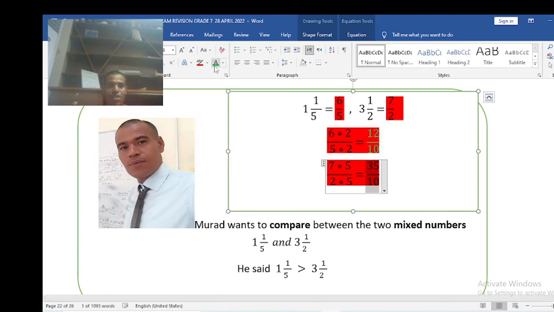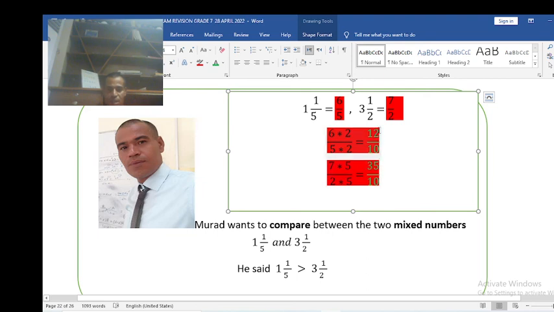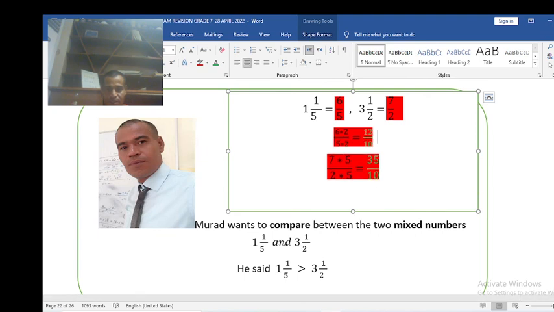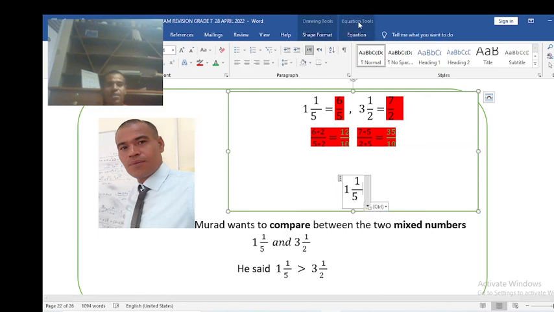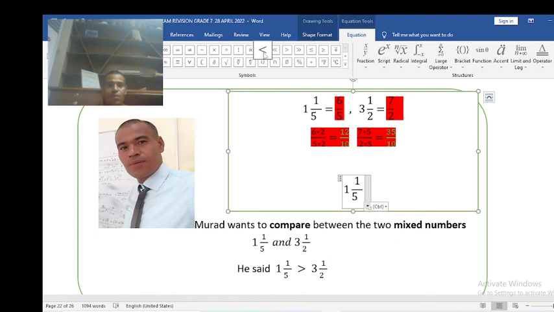Both fractions have the same denominator, so compare the numerators. 35 is more than 12, which means the first fraction is less than 3 1 over 2.